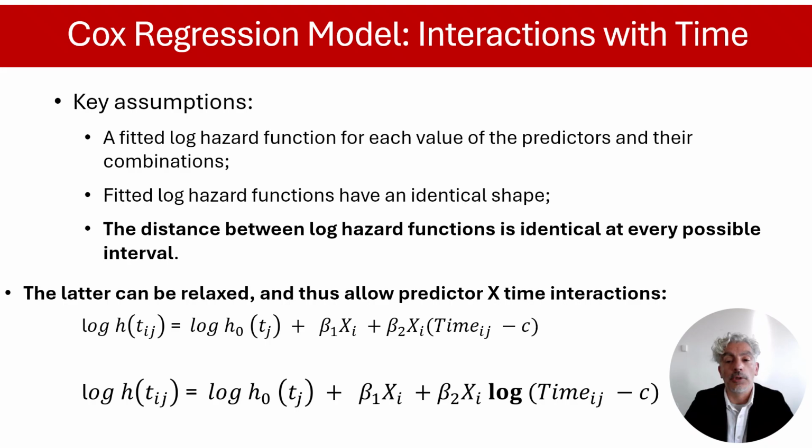However, we also need to be careful not to select values of time or the constant c that will return 0, because the logarithm of 0 will return negative infinity, so it will present problems in estimating the coefficients and so on.